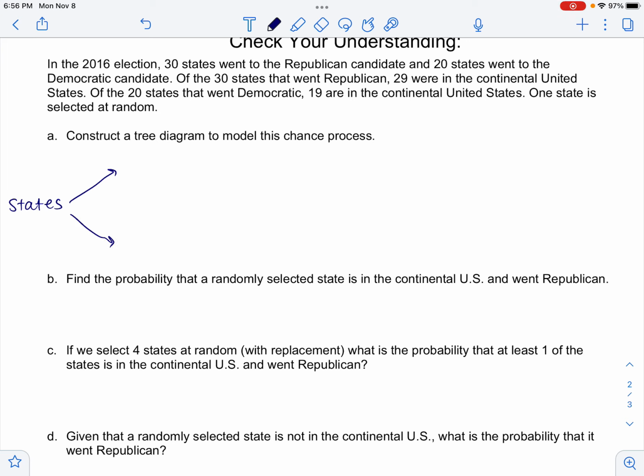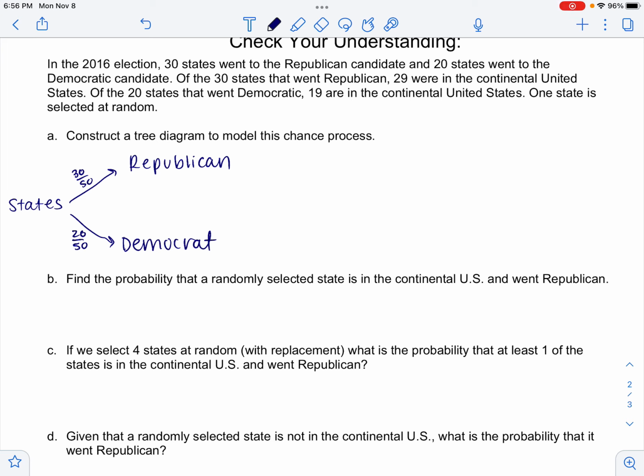So Republican and Democrat. And for Republican, that was 30 out of 50. And for Democrat, that is 20 out of 50 for our probabilities.